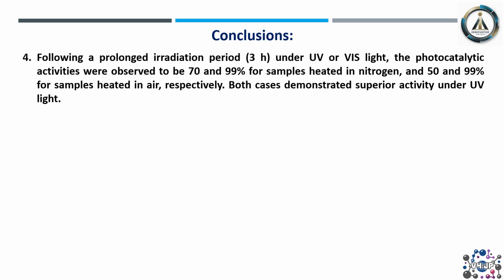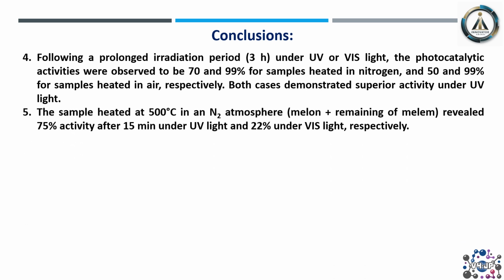Following a prolonged irradiation period, 3 hours under UV or VIS light, the photocatalytic activities were observed to be 70 and 99% for samples heated in nitrogen and 50 and 99% for samples heated in air, respectively. Both cases demonstrated superior activity under UV light. The sample heated at 500 degrees in nitrogen atmosphere, representing melon and remaining of melon, revealed 75% activity after 15 minutes under UV light and 22% under visible light, respectively.